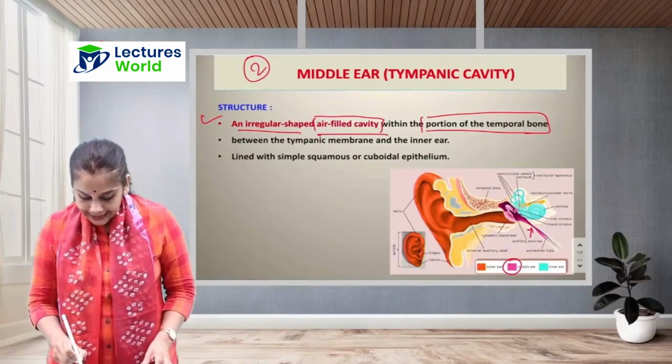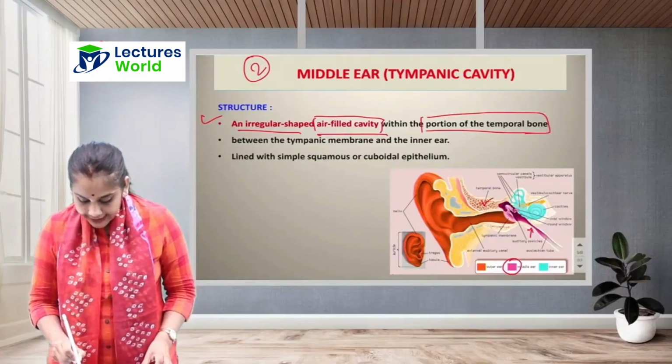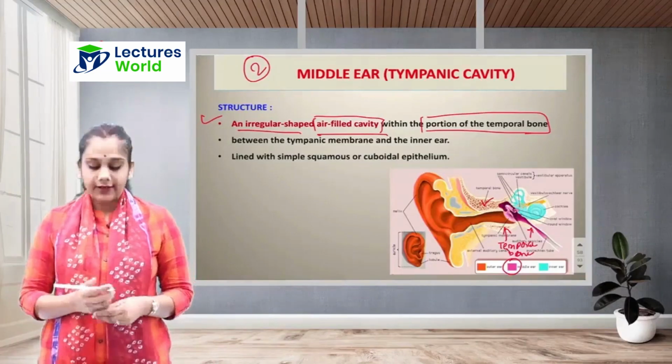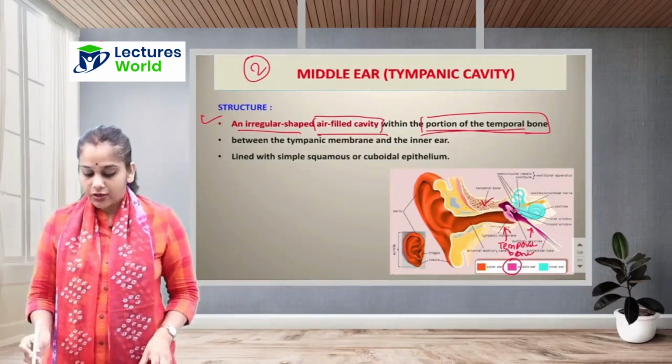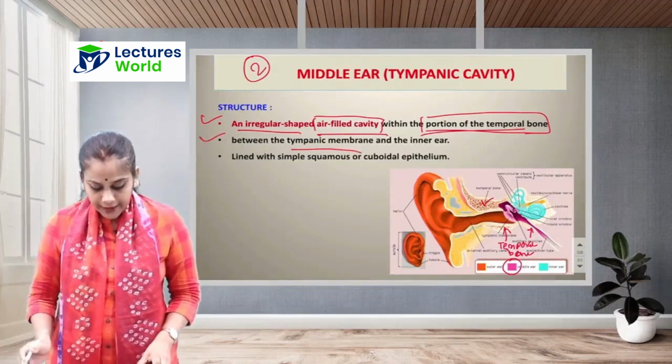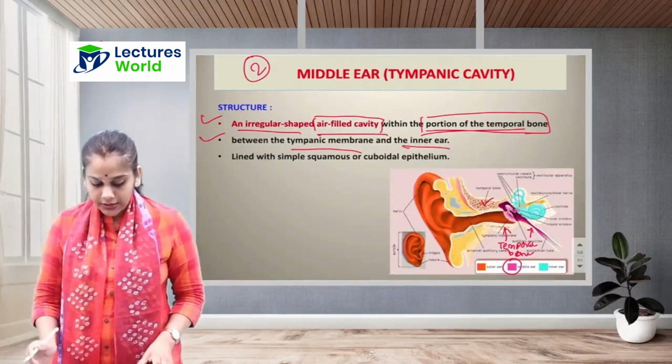You can see here the temporal bone, and here there is the temporal bone. That is a portion of the temporal bone between the tympanic membrane and the inner ear.